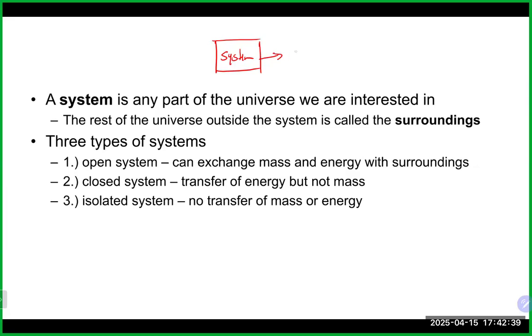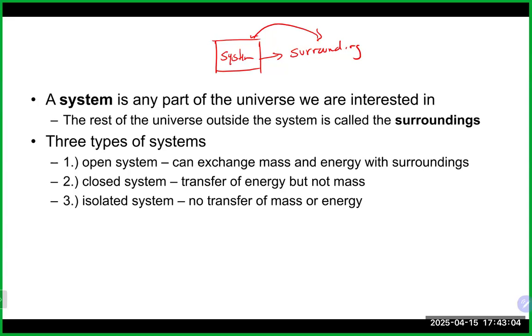And the rest of everything else is basically the surroundings. In this particular case, we're going to talk about really energy and the flow of energy or heat from the system to the surroundings, or really even the surroundings back to the system. So we're going to have this sort of flow of energy occurring really in both directions.